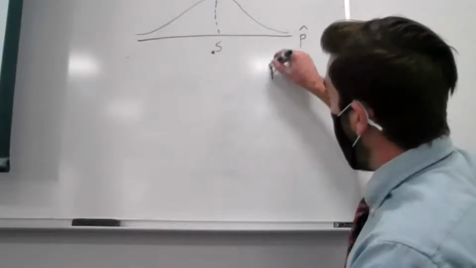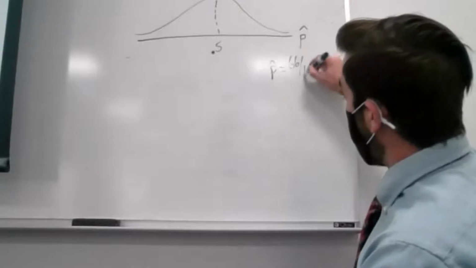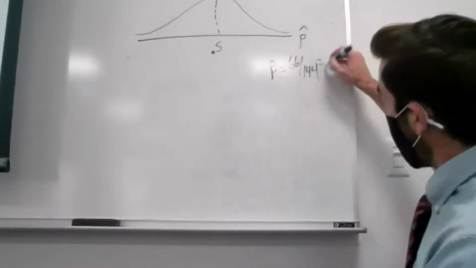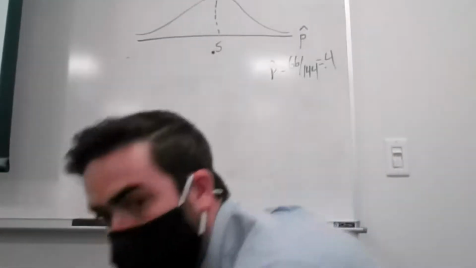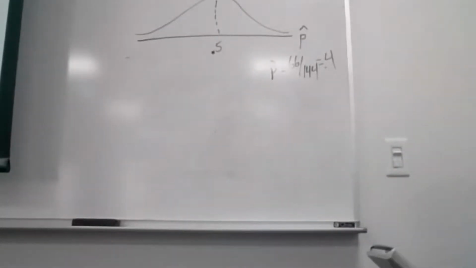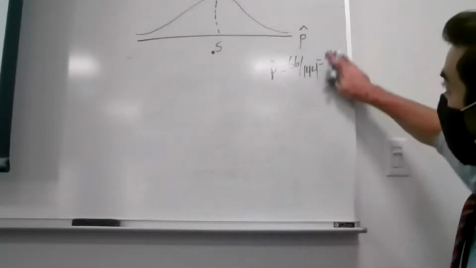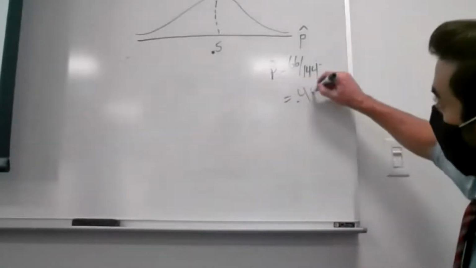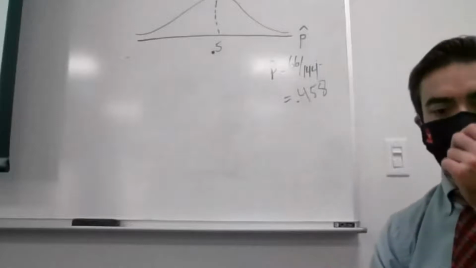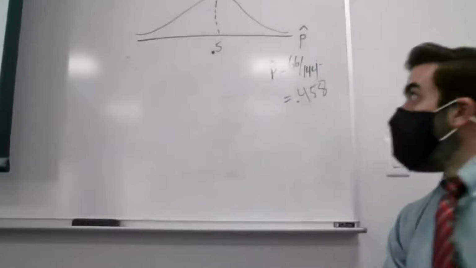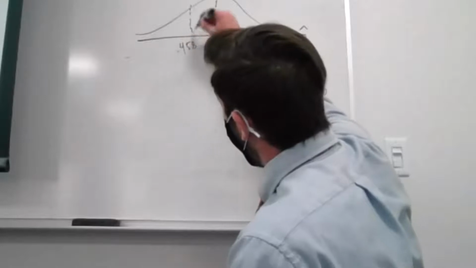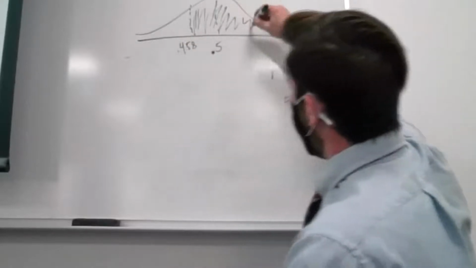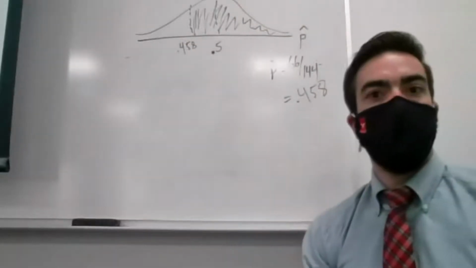I could then think about what is the cutoff value I'm interested in. This is where I'm going to need my calculator real quick because I can't remember this number. So I take 66 out of 144. That's the cutoff value I'm interested in. So approximately 0.458. I then plot that and say, okay, what's the probability I see 0.458 or anything more than that?